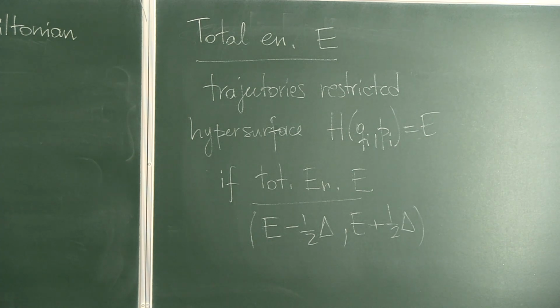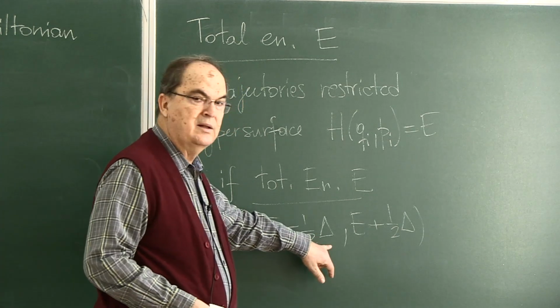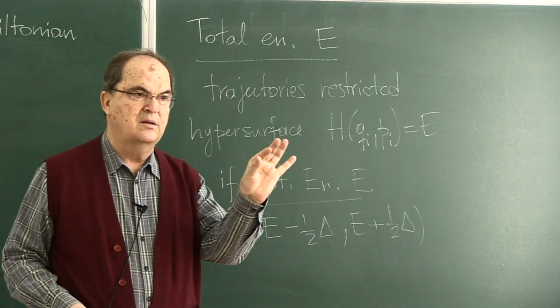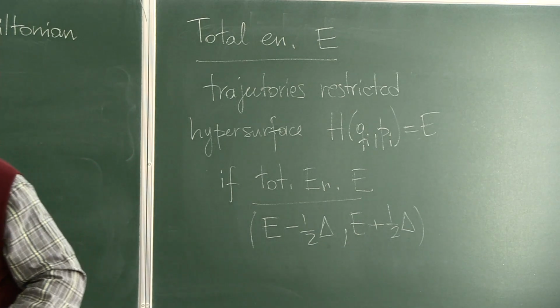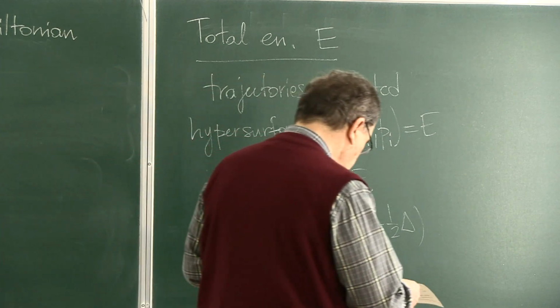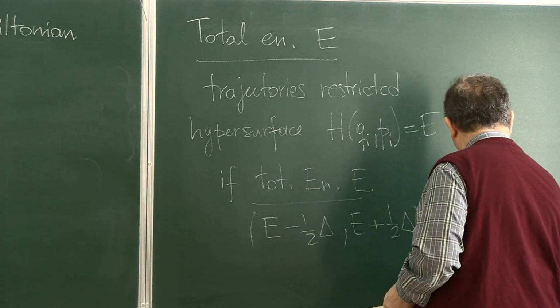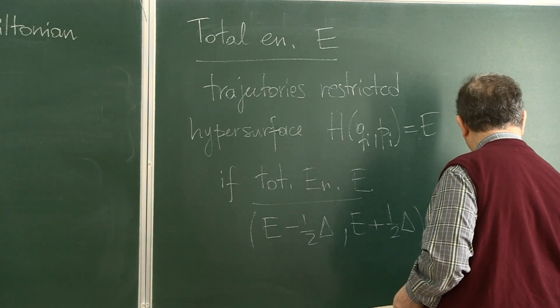You can fix it in between these limits, that means in an energy shell of width delta. It is really another way of saying that the energy is fixed, isn't it? If delta is small, there isn't a big change in energy. It is a fixed energy. You can look at it that way. If that is the case, then the trajectories are confined to a hypershell.